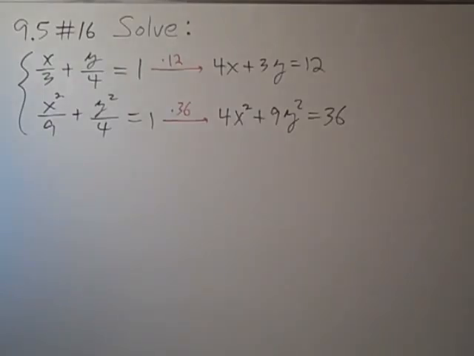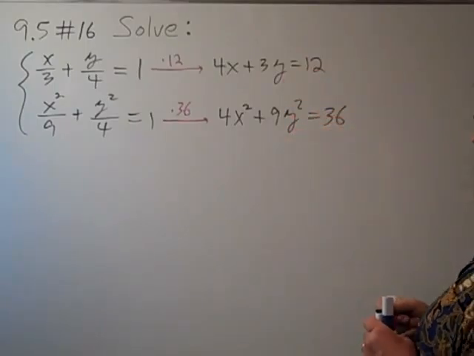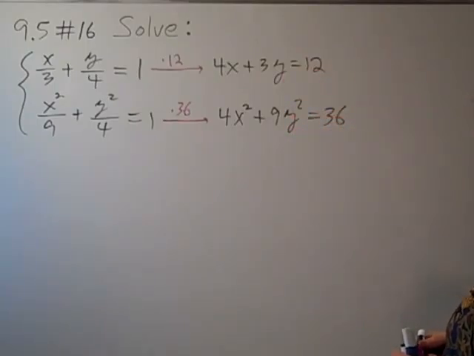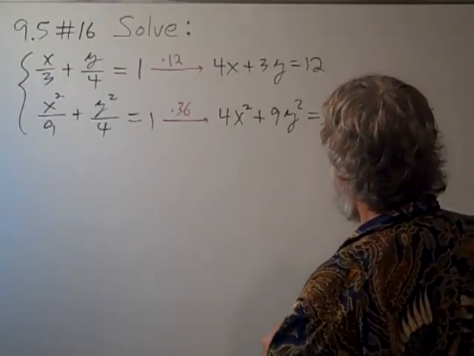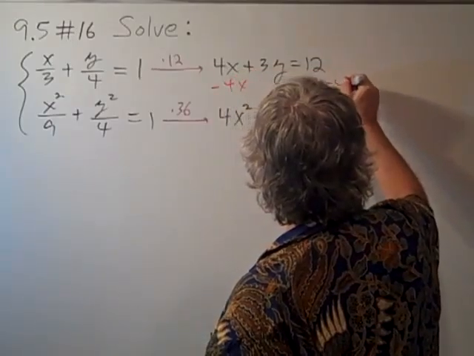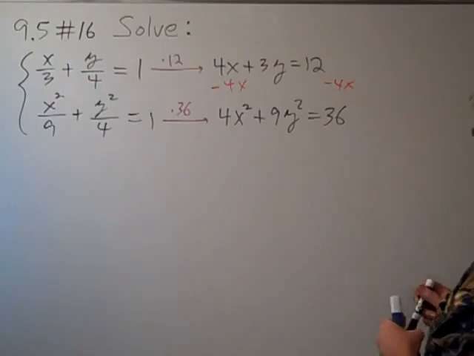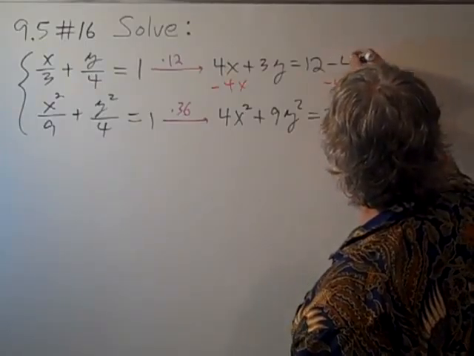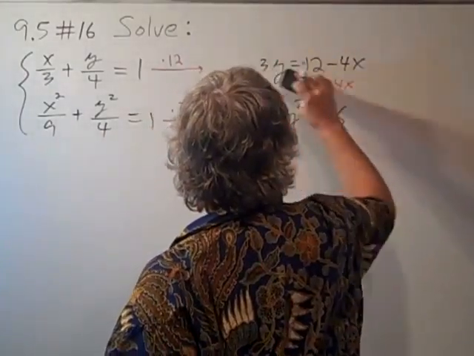I'm going to solve for y in the top equation so I can substitute into the second equation. And if I subtract 4x from both sides, the top equation ends up with a negative 4x over here, and the 4x is gone on the other side.